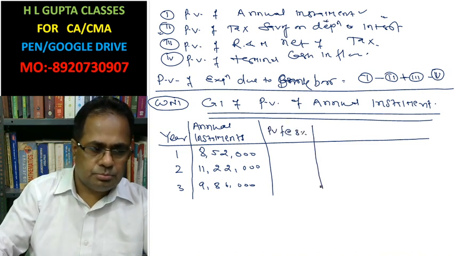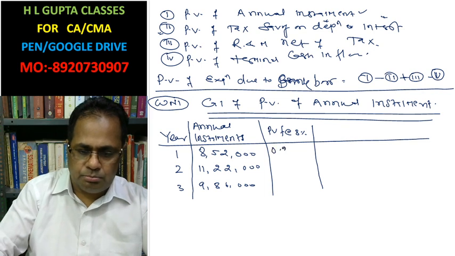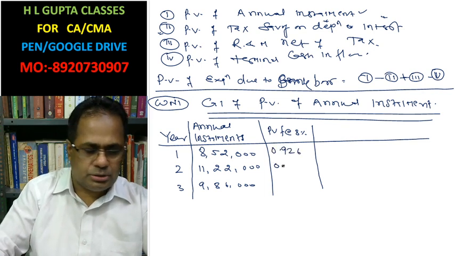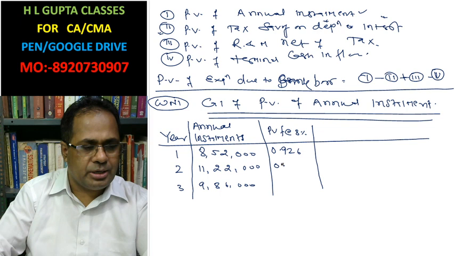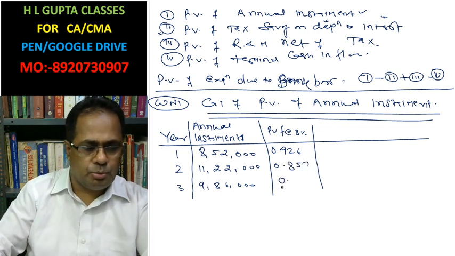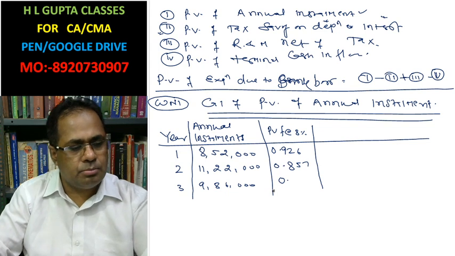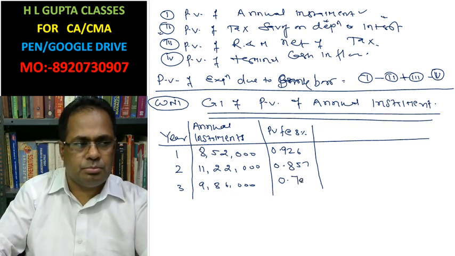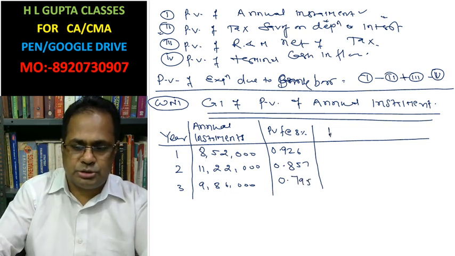At 8%, the factors are 0.926, 0.857, 0.795. This is your present value factor.